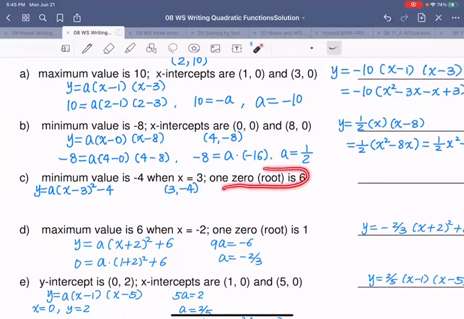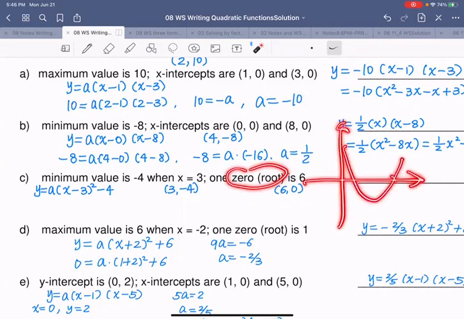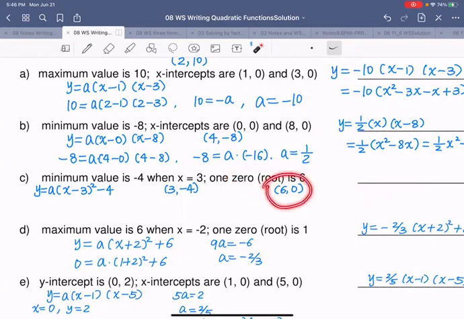Now you have one root, which is 6. What does that mean? x is 6, y equals 0. Those are the zeros. Zero means that. Okay, can you plug in here?